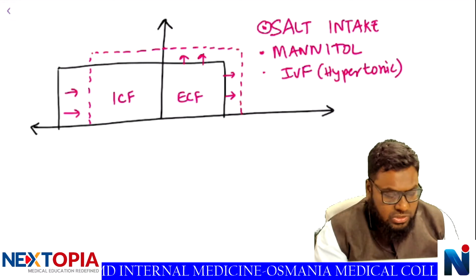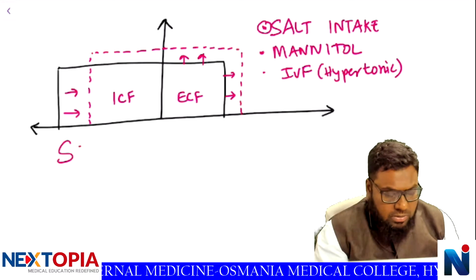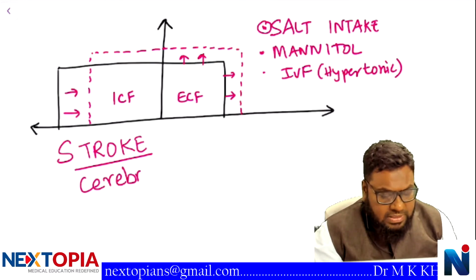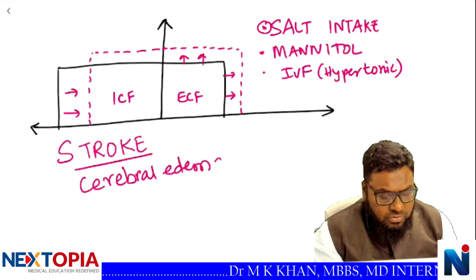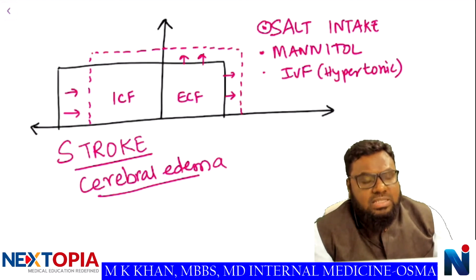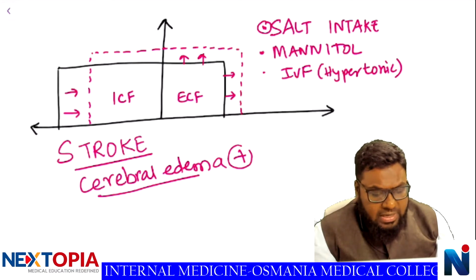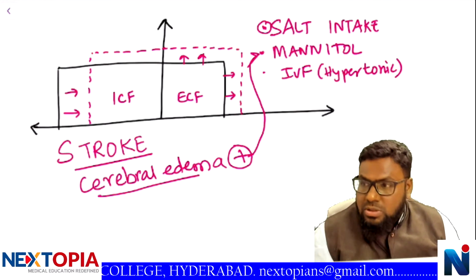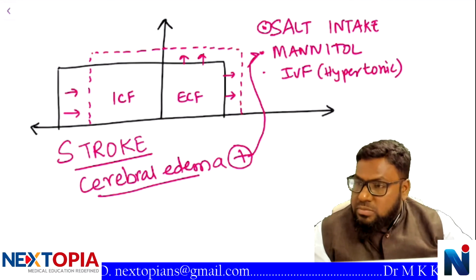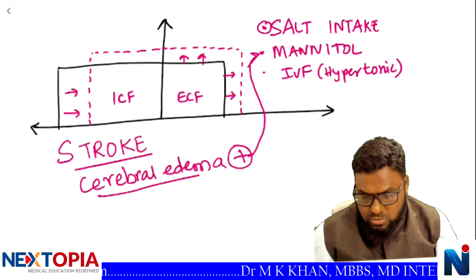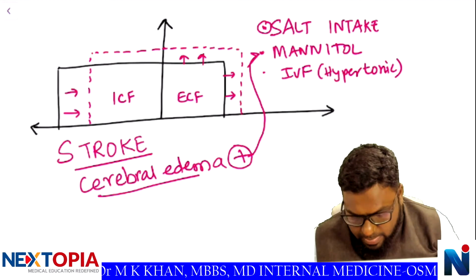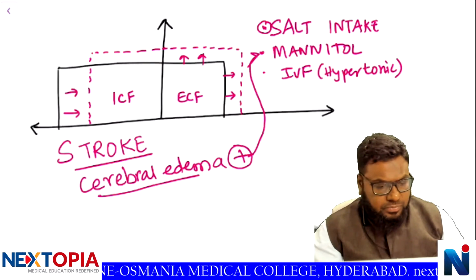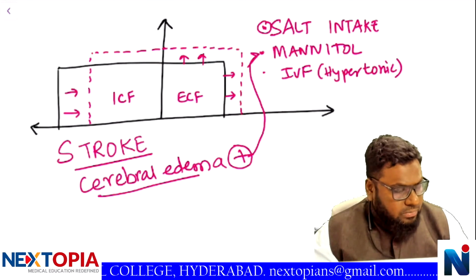There is a condition in stroke. In a cerebrovascular accident, there is brain edema or cerebral edema. Because of this cerebral edema, the person develops a lot of confusion, delirium, and paralysis will be very high. To treat this condition, you have to give mannitol.